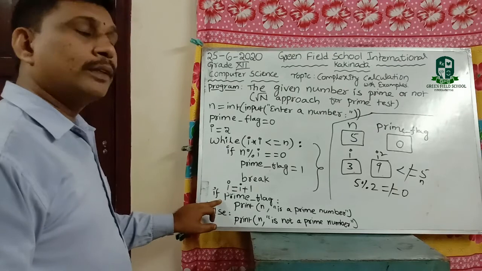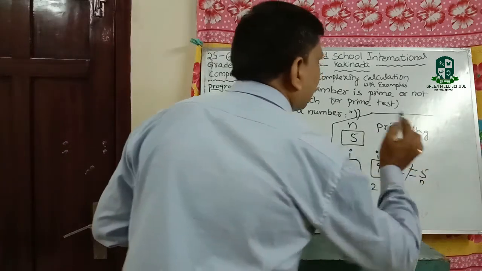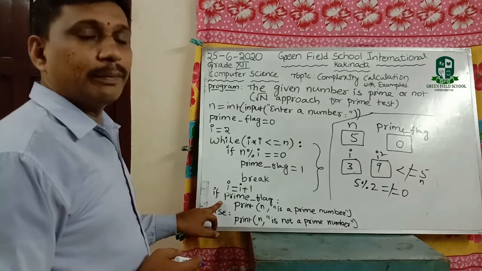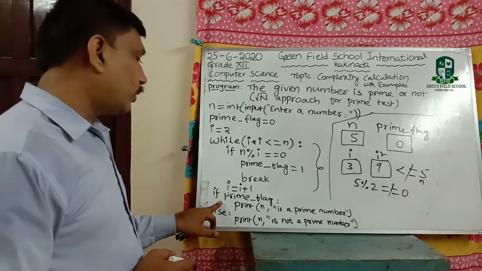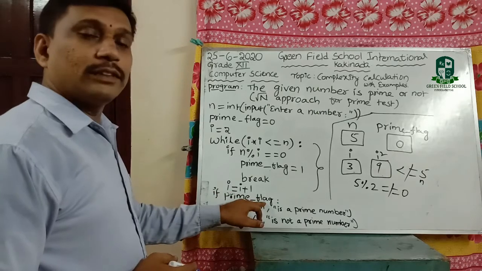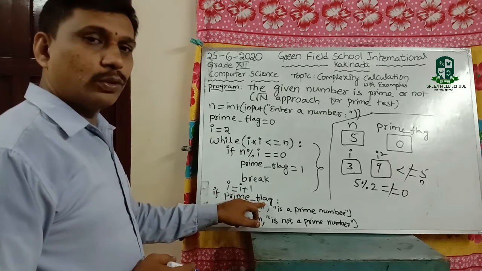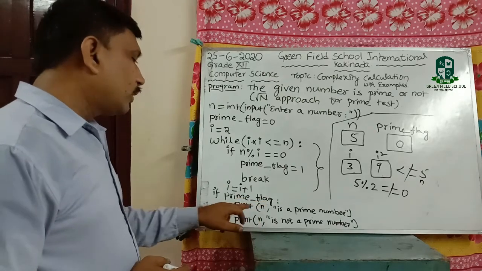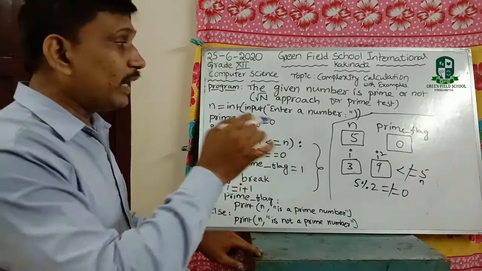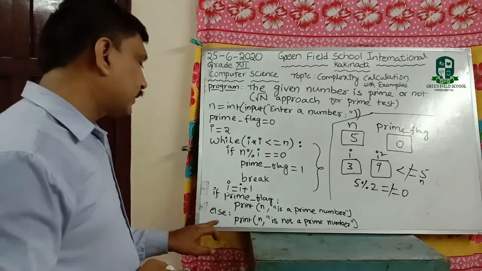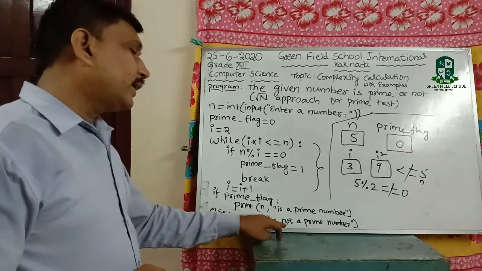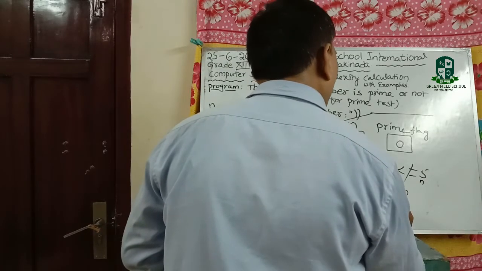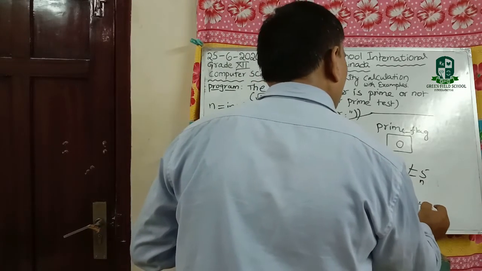The prime flag has not changed here, which means it is still 0. If the prime flag is 1, which means true, print n is a prime number. But here the prime flag is 0, which means false, so in the else part we print n is not a prime number. 5 is not a prime number.